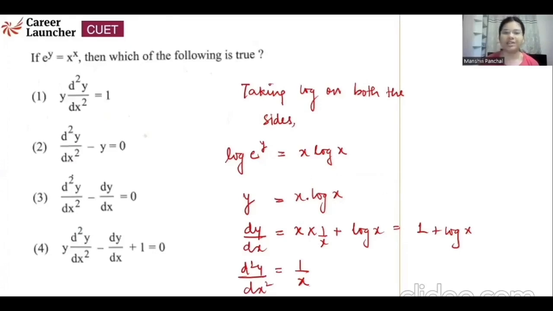No. Next is d2y by dx2 minus dy by dx equals 0. So 1 by x minus 1 minus log x is not 0. Next is y into d2y by dx2 minus dy by dx, it means x log x into 1 by x, so log x minus 1 minus log x plus 1 is equal to 0. Yes. So it means that option 4 is the correct answer.